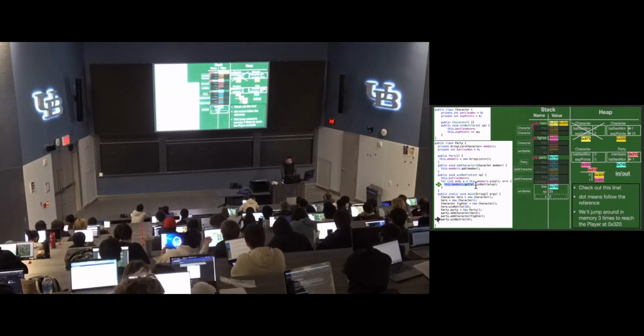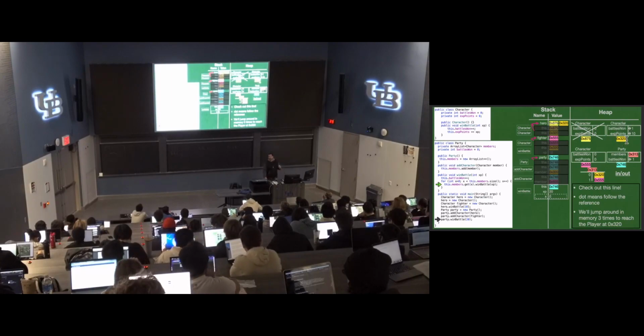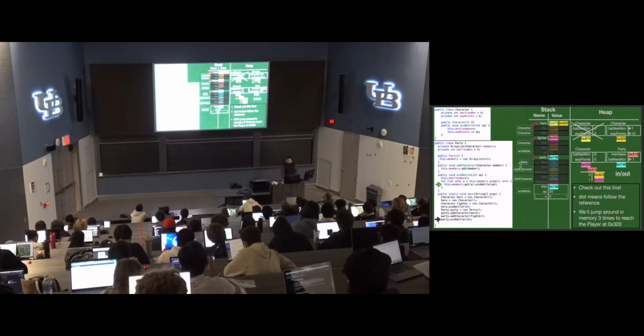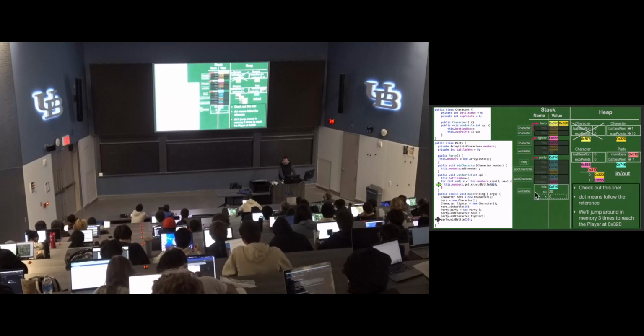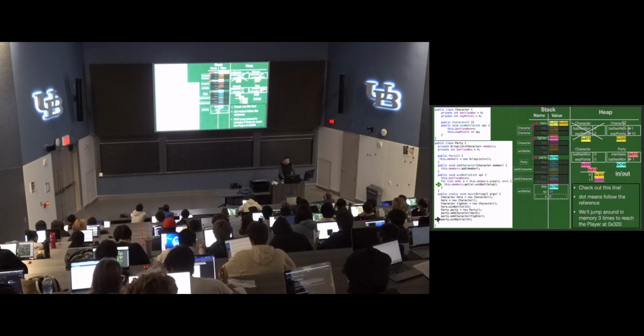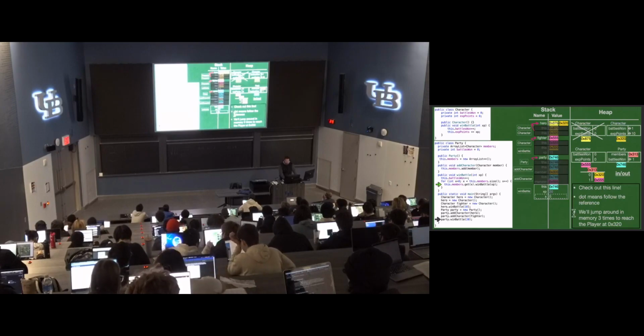So we're going to take that reference 320 and say dot winBattle and call the winBattle method with this character as the calling object. So we call winBattle, we pass XP, which again, is another expression we have to evaluate. Start in the stack frame, we find XP right away. XP is 20, so we're going to call winBattle from this character at 0x320 with an argument of 20.